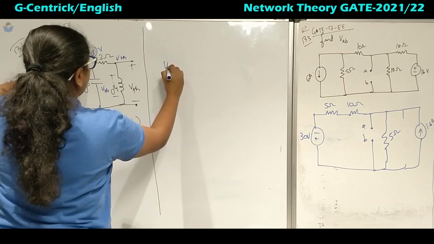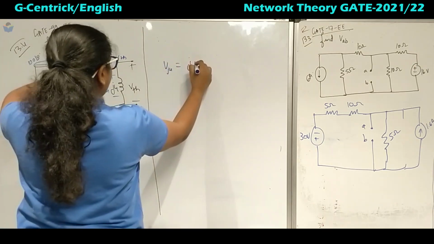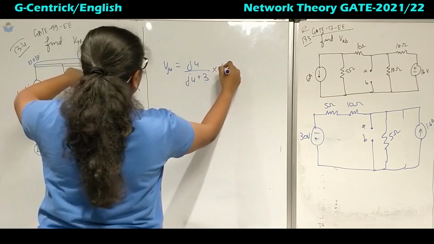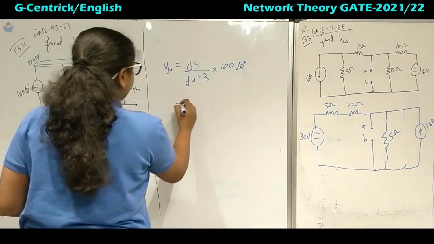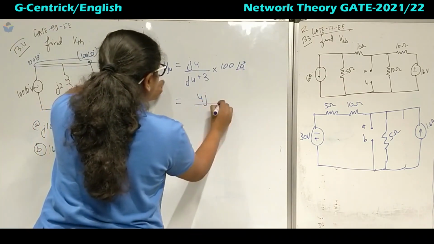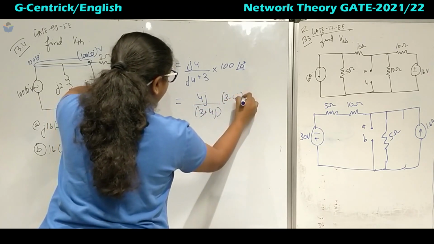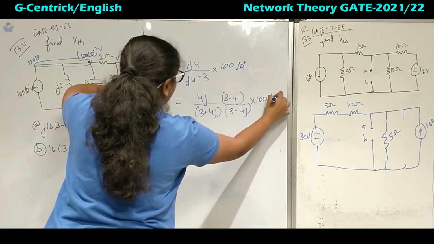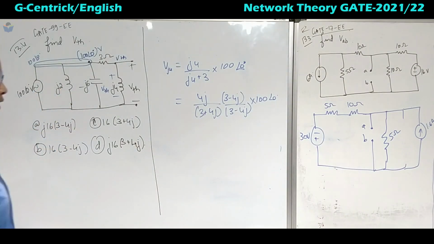So voltage across J4 will be J4 divided by J4 plus 3, into the total voltage. Now this 3 plus 4j I can rationalize: 3 minus 4j divided by 3 minus 4j, into 100 angle 0 degree. Here they have asked it in J16 form, so you do not need to go to the phasor domain.